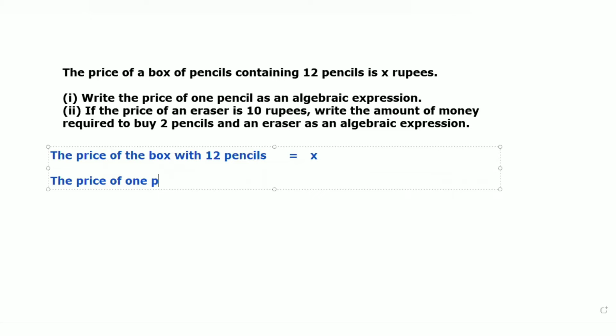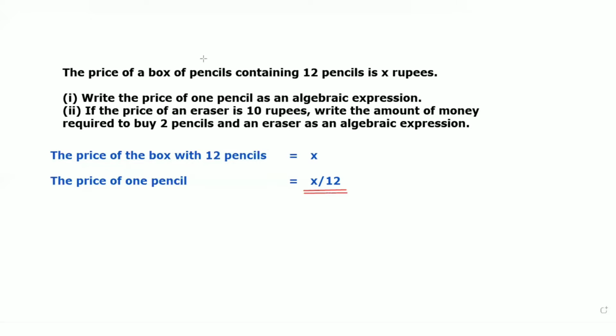There are 12 pencils in the box, and that is X rupees. To find the price of one pencil, if the box has 12, we divide it by 12. So X divided by 12. This is the price of one pencil. This is the answer for the first question they are asking.